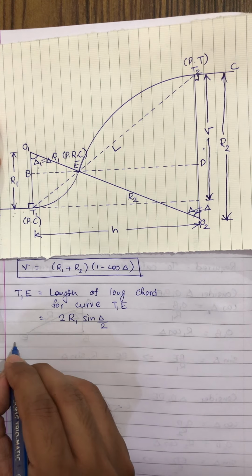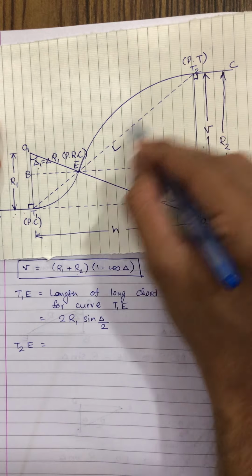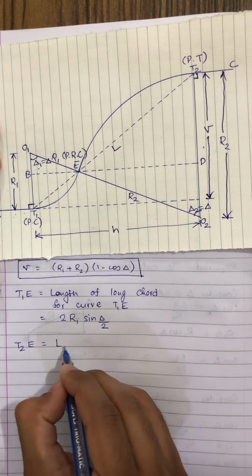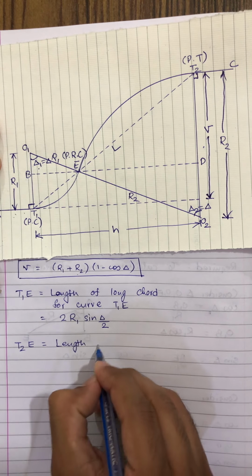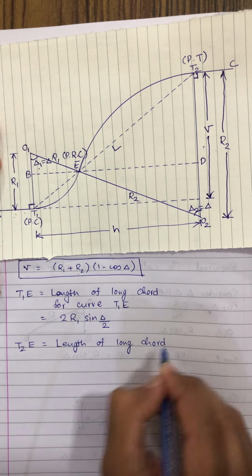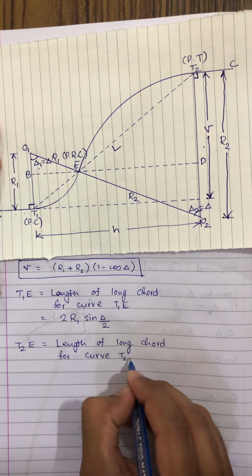Similarly, if we consider this curve T2E, this length T2E is the length of long chord for curve T2E.